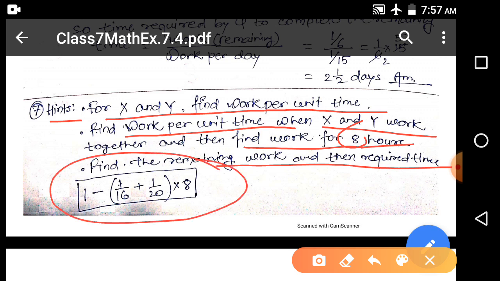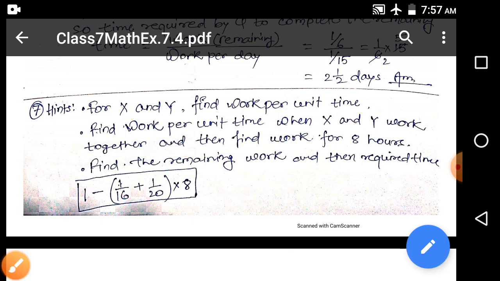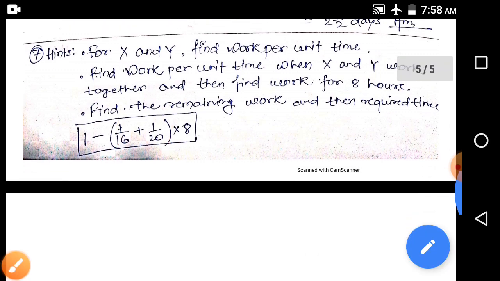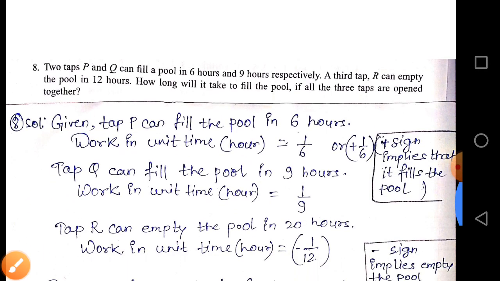This is the total work, and this part is completed by, see, 1 by 16 and 1 by 20, the part of work done by X and Y together, and here it is multiplied with 8, since 8 hours is given in the question. You can solve this. Now go to the next question, question number 8, which is the last question.